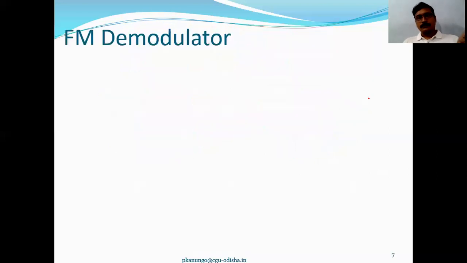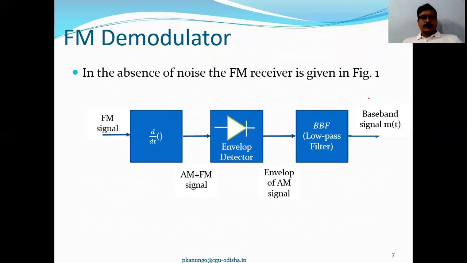Now recall the FM demodulator part. The input is the FM signal, and the first block is a d by dt block, or differentiator with respect to time. The output of this differentiator is an AM plus FM signal, and we want to detect its envelope, so it passes through an envelope detector.